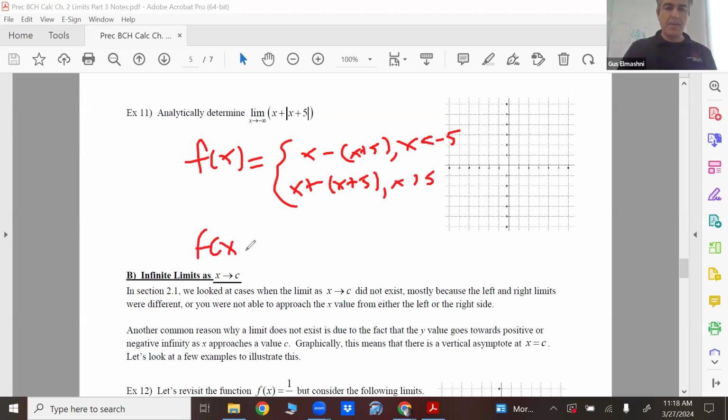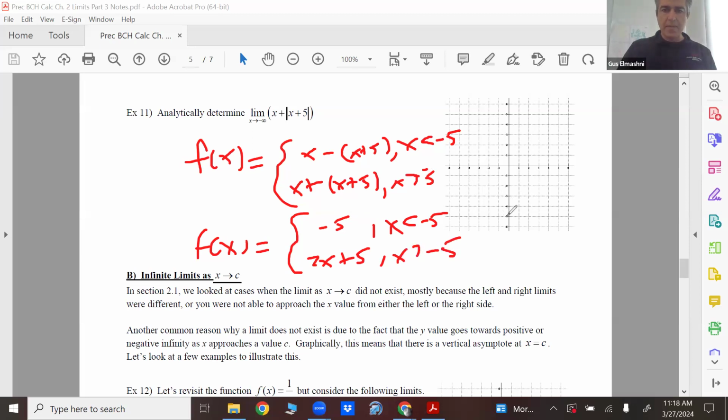So if I write again, clean it up, negative 5 or 2x plus 5. Does that make sense? So that's a negative 5 there, my bad. That's a greater than symbol.